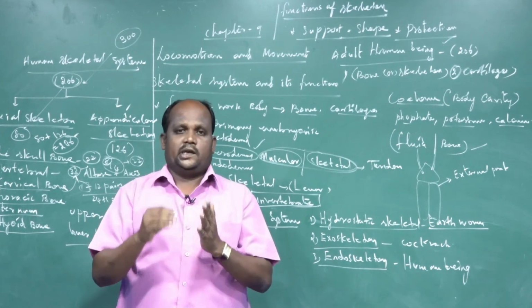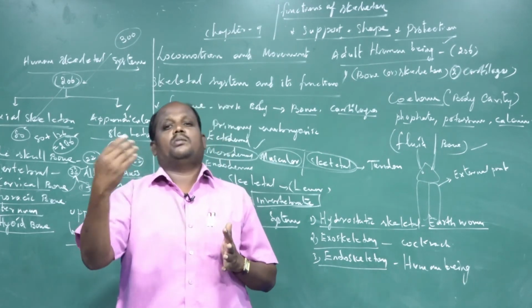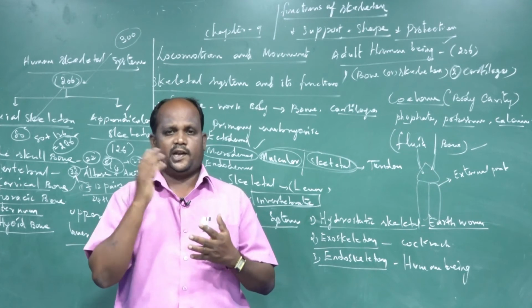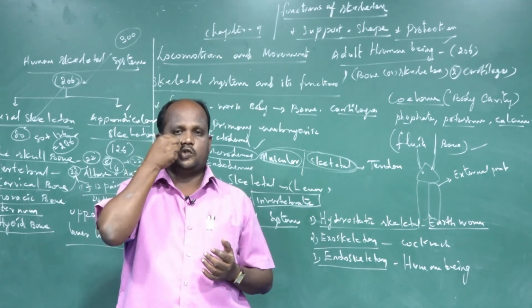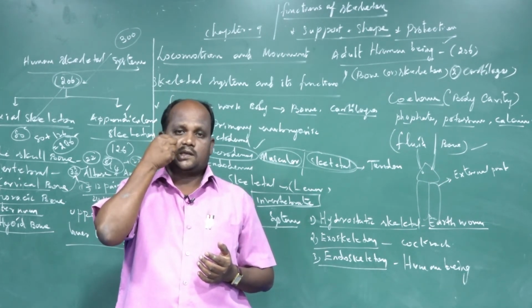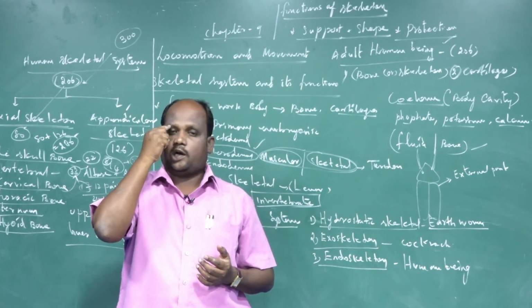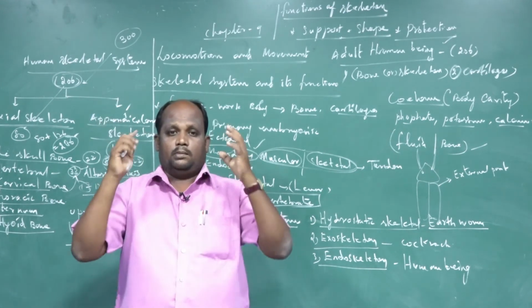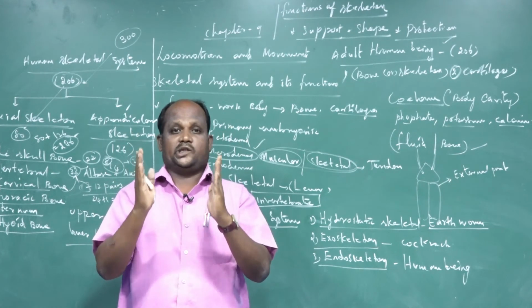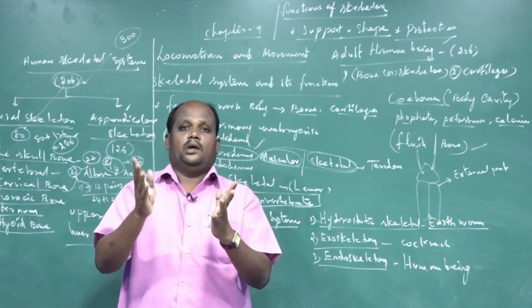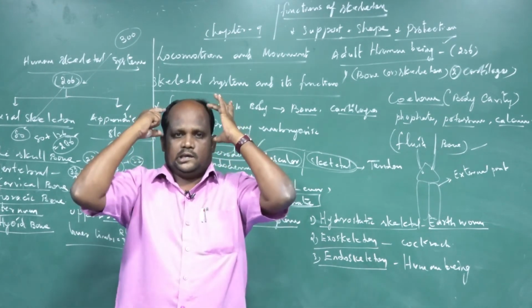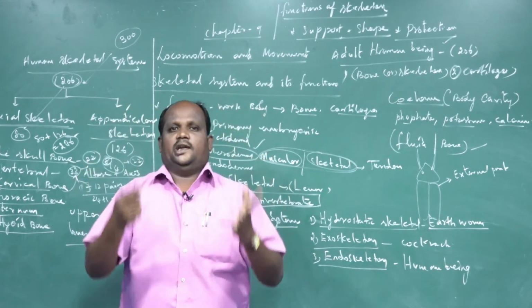The skeletal structure provides protection to important body organs. A very familiar example: the eye structure is also protected by bone. It is the orbital cavity. Our body's important master organ, the brain, is also protected by the skull bone.